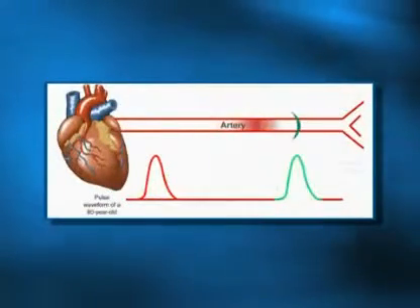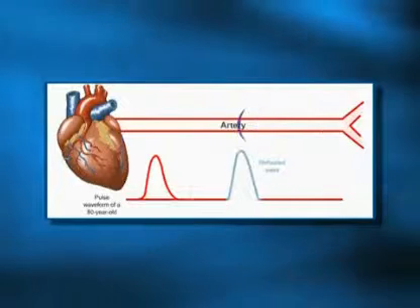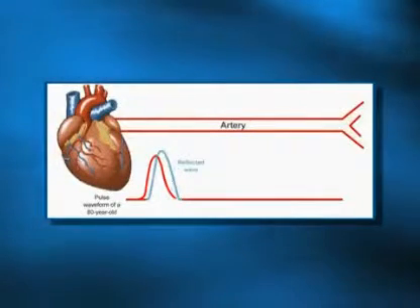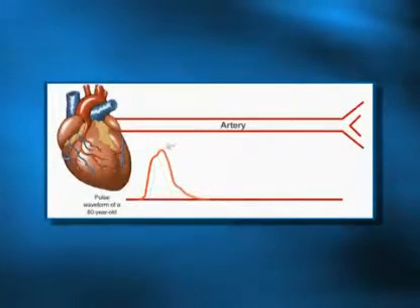Now if you were to look at an 80-year-old, you actually see a very stiff artery, and when the heart pumps, the wave travels so fast, it comes back right at you at the systole. So the wave goes up, and then it is augmented or increased by the reflected wave, and you spend about 2/3 of the time overcoming the wave and 1/3 of the time resting and getting the blood.